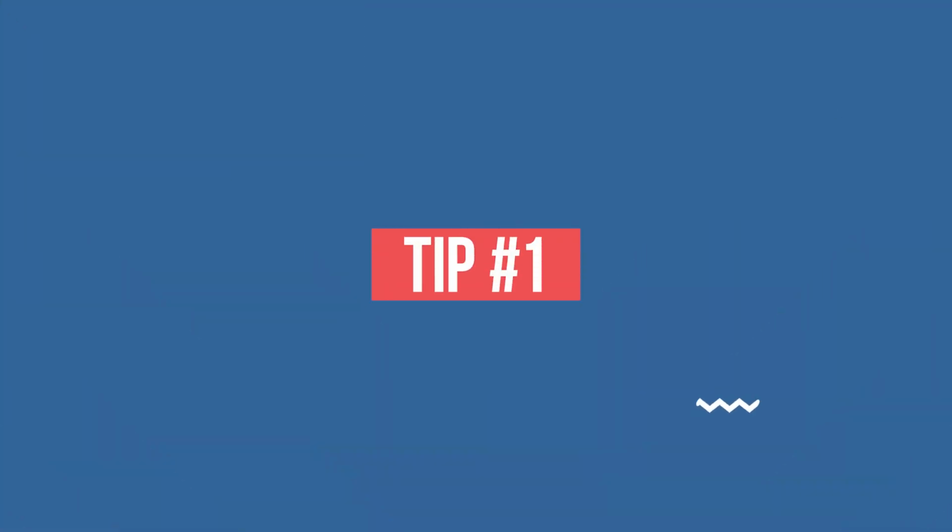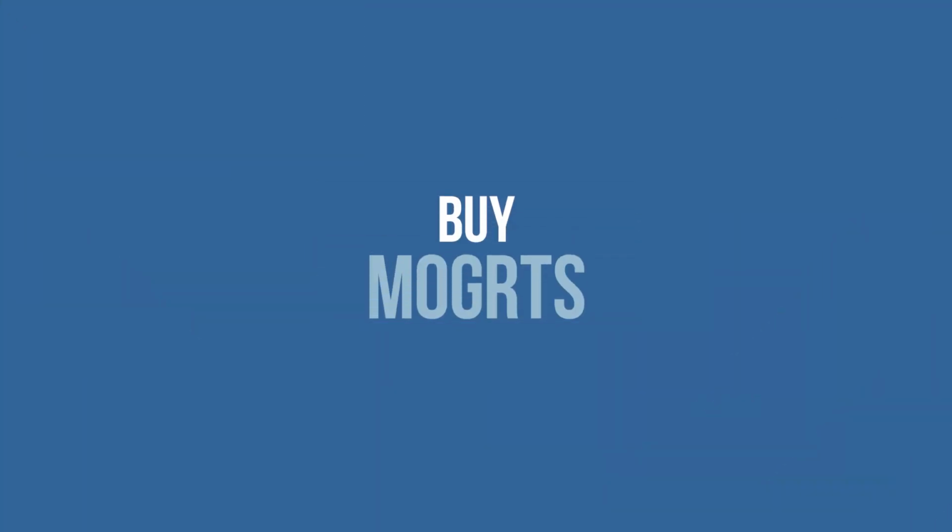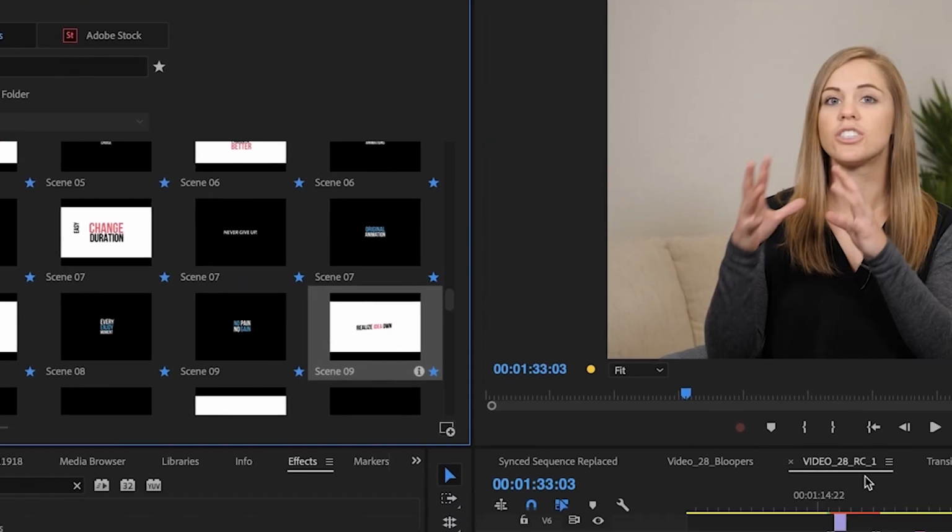And in this video, I'm going to be giving you the 5 tips that I have for doing motion graphics within your videos. Tip number 1, buy mogrts. What is a mogrt, you ask? It is a motion graphic template. Mogrt, you get it? So mogrts are templates that you can use within Premiere or After Effects that someone else has already created.